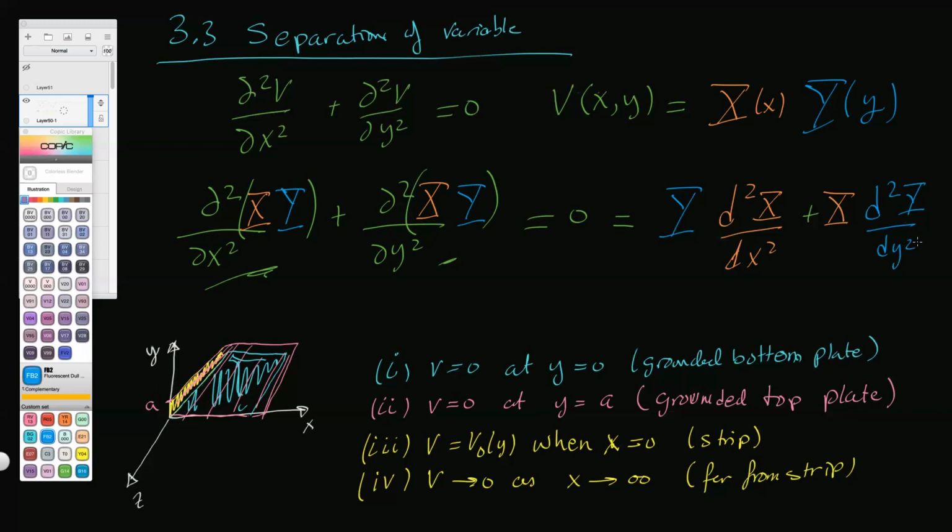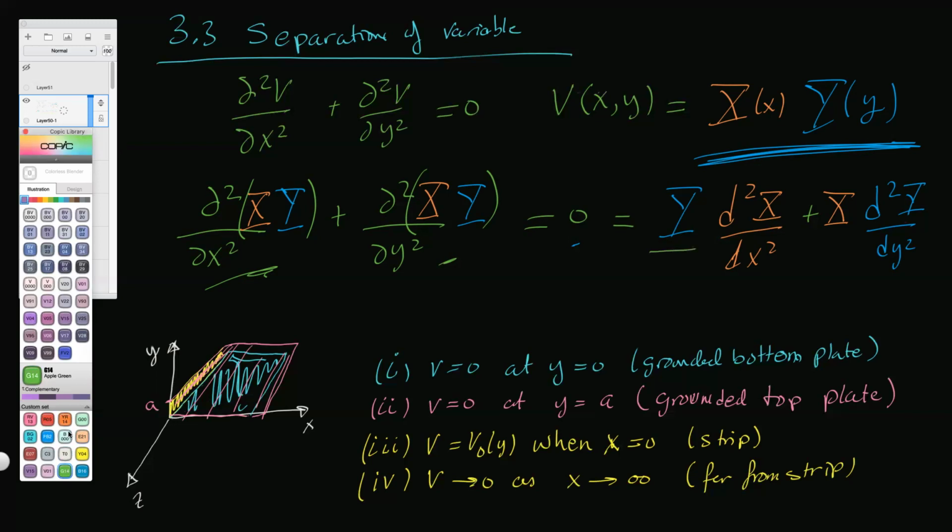I really don't want to erase those boundary conditions, but okay, I'm not going to do that. So the next step, always the same thing as always, is that you divide through by this quantity, by these two together. You divide the entire equation because you have 0 here and you can do that, right? So we just divide through.